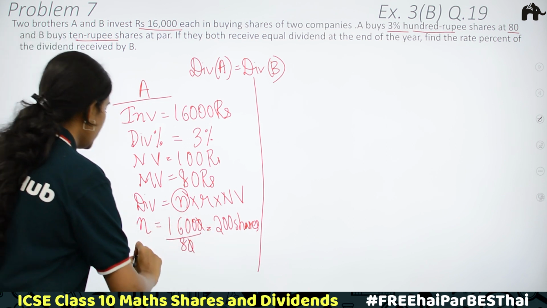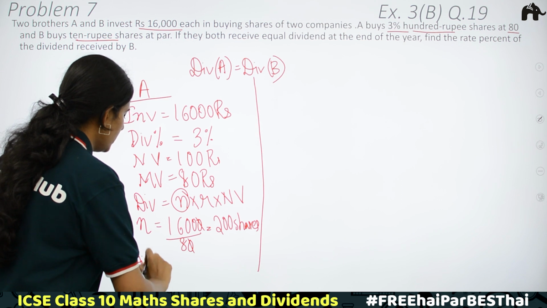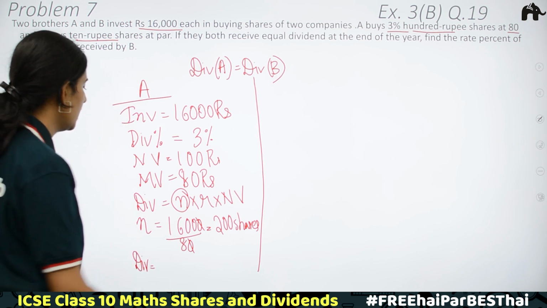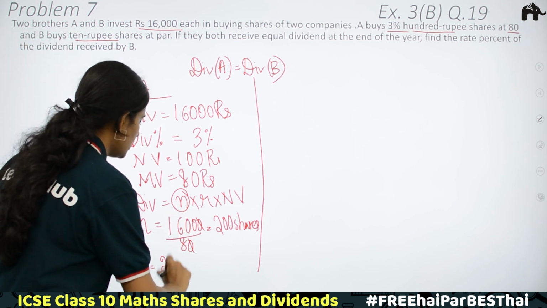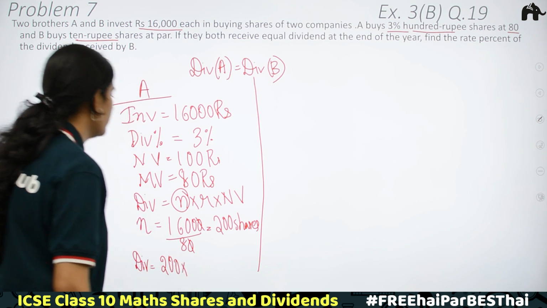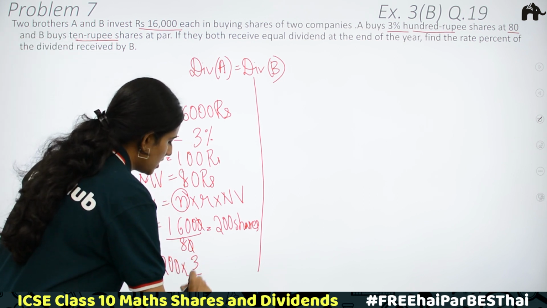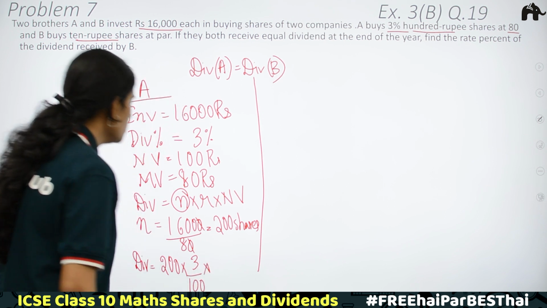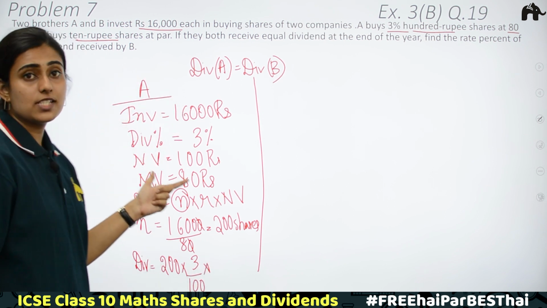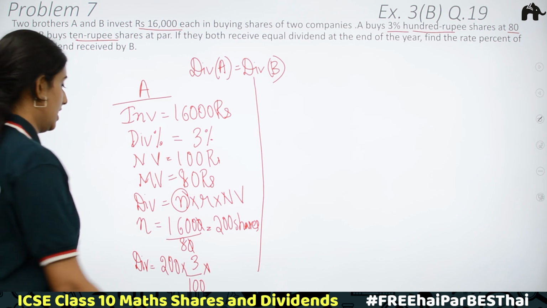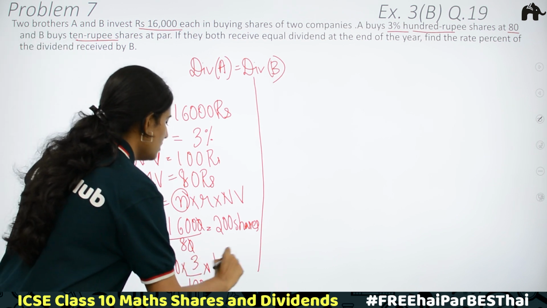We got the value of N. Now we can easily find what dividend is. Dividend is equal to N 200, rate of dividend 3%, that is 3 divided by 100 into nominal value. Nominal value is given, that is 100.